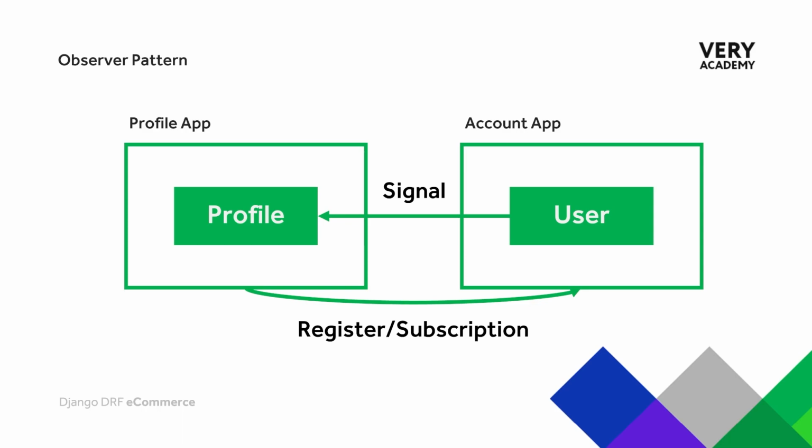Here we're using signals. We create the signal, and when we're ready, we create a new app and we register or create a subscription to that signal in the account app. So whenever that event takes place, the signal is sent across, and then the profile app can then perform the additional function.